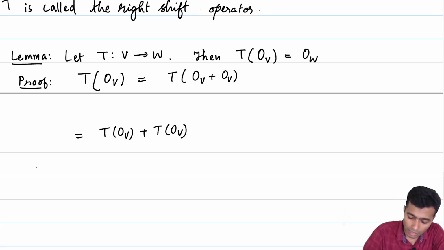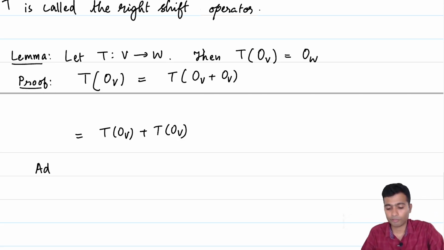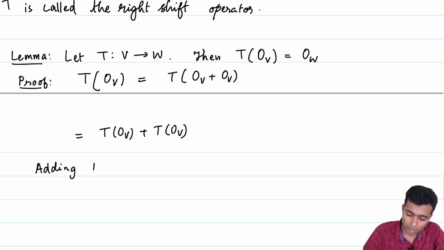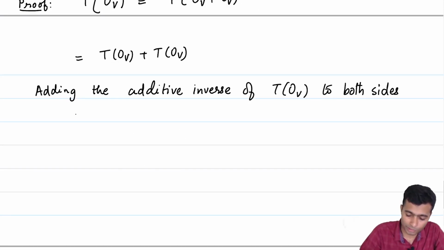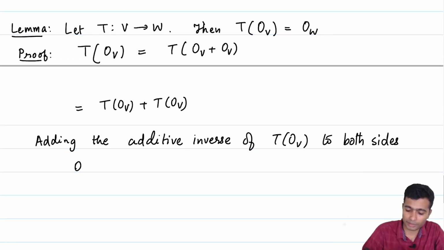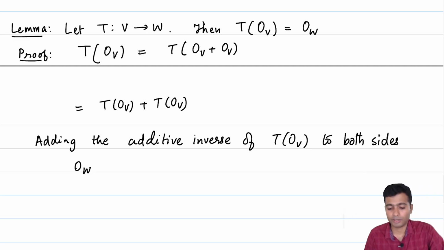Remember that T of 0V is some vector in W. Adding the additive inverse of this vector T of 0V to both sides, we have 0W, because the left hand side has only a T of 0V, and adding the additive inverse of T of 0V in W gives the additive identity of W, which is 0W.